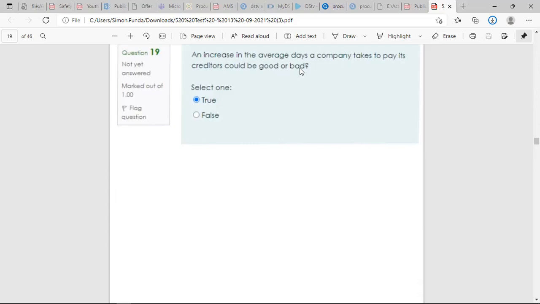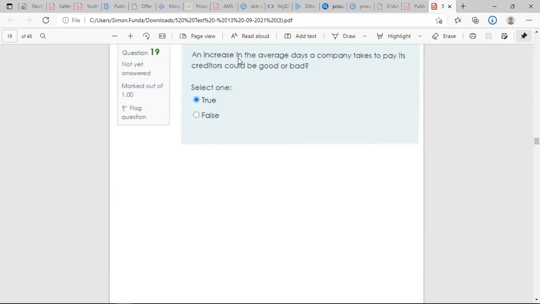Yes, that's the idea. So it is a good thing when there is an increment in the days of paying, the credit period has been extended. So it will be an advantage to the business. That's what it means there.